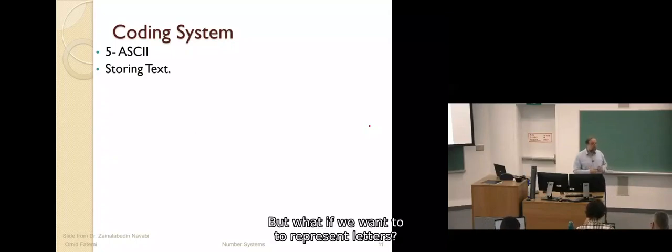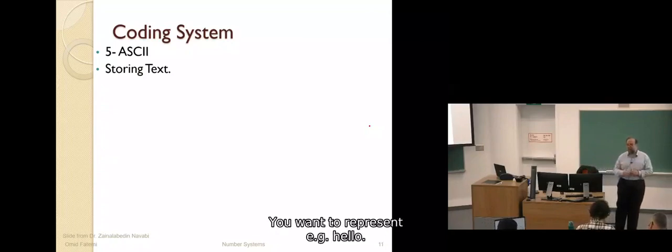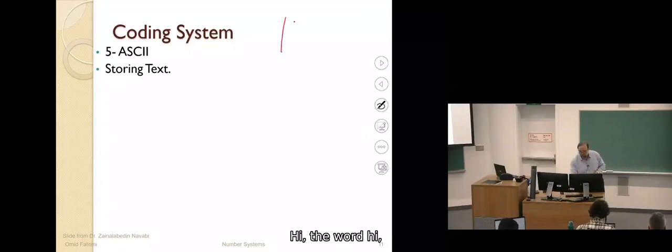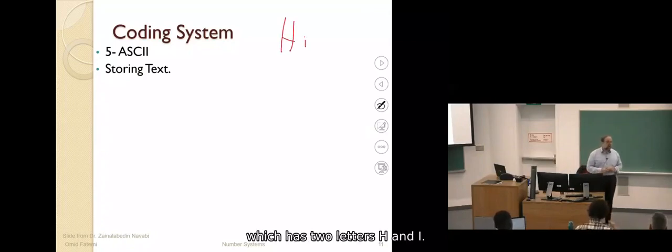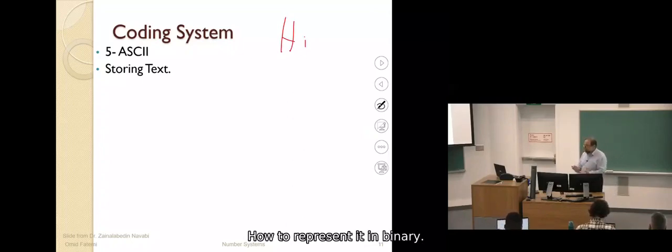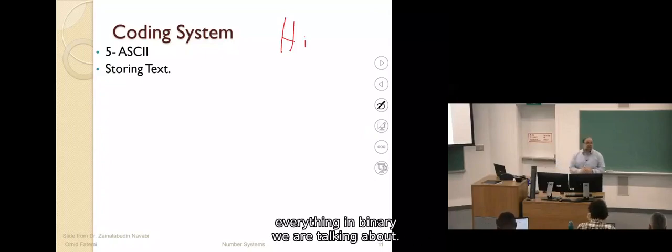But what if we want to represent letters? You want to represent, for example, the word hi, which has 2 letters, H and I. How to represent it in binary? Because everything we are talking about is going to be in binary.